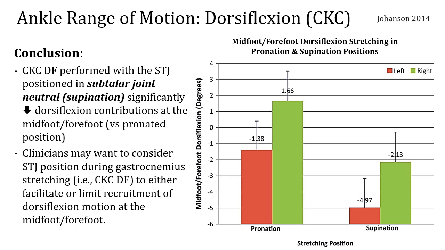This means that we as clinicians may want to consider the subtalar joint position during our gastrocnemius stretching, as well as during our assessment, in order to limit the recruitment of dorsiflexion motion from the forefoot and ensure that we're really getting true talocrural ankle dorsiflexion.